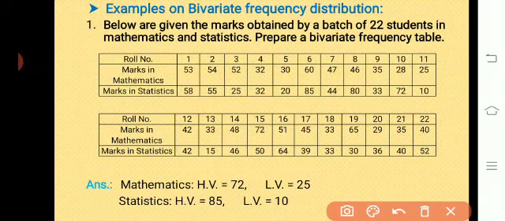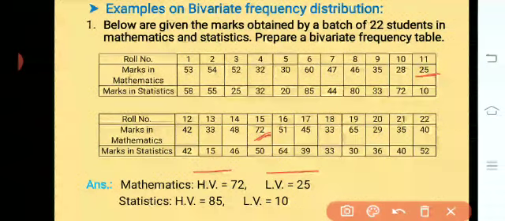Here in the solution we have to write the highest and least values of marks in mathematics. If you identify the marks in mathematics, 72 is the highest and 25 is the least. Minimum marks are 25.